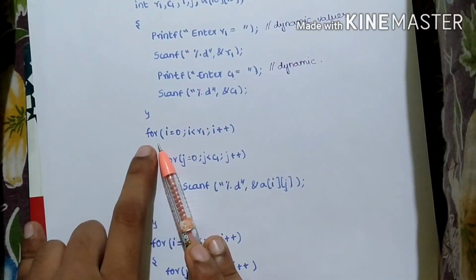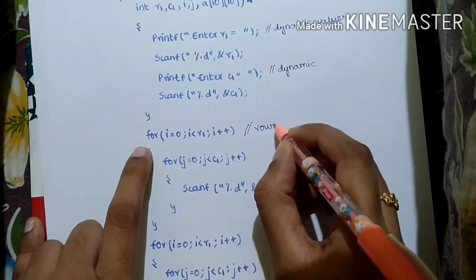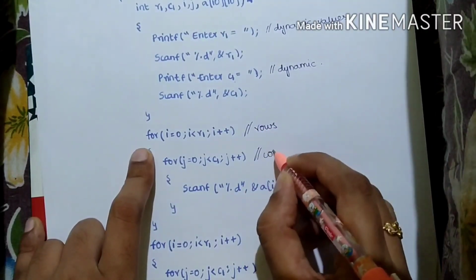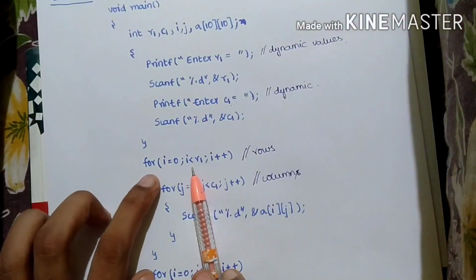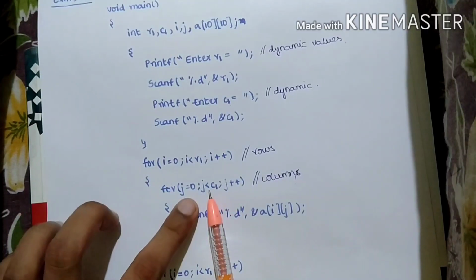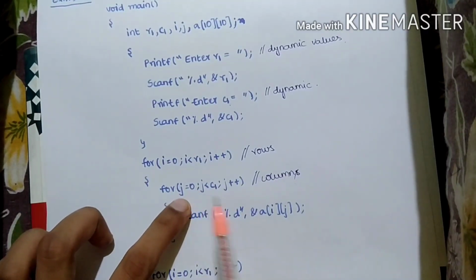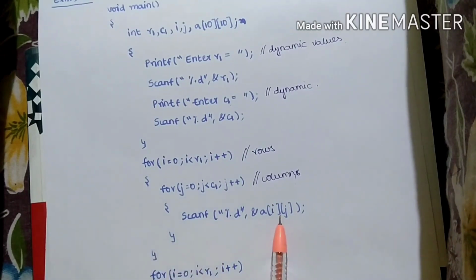So this is the loop for rows. This is the loop for columns. When this loop is satisfied, it checks this loop, and when this loop is satisfied, it goes through scanf and reads the element.